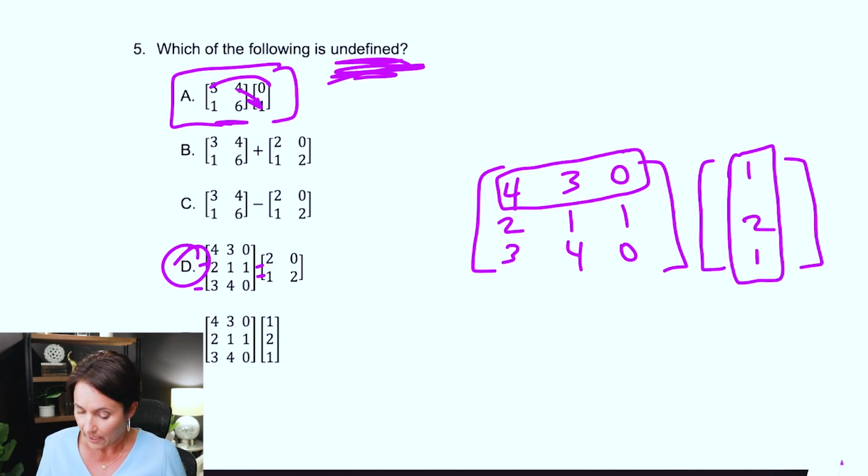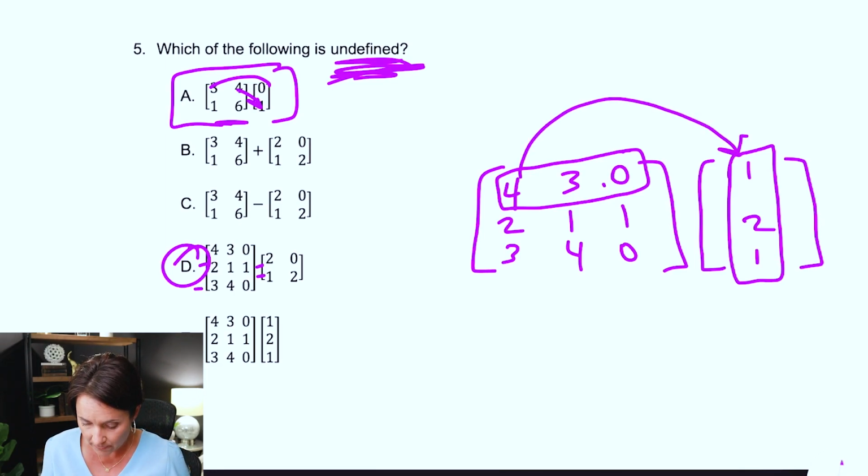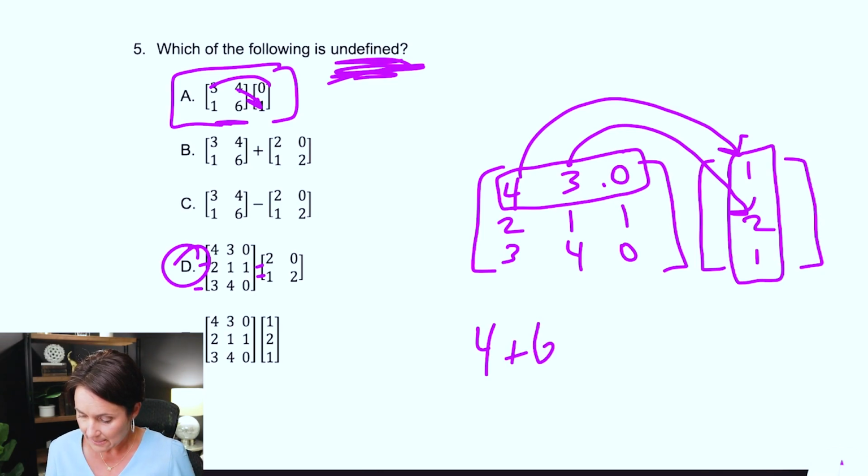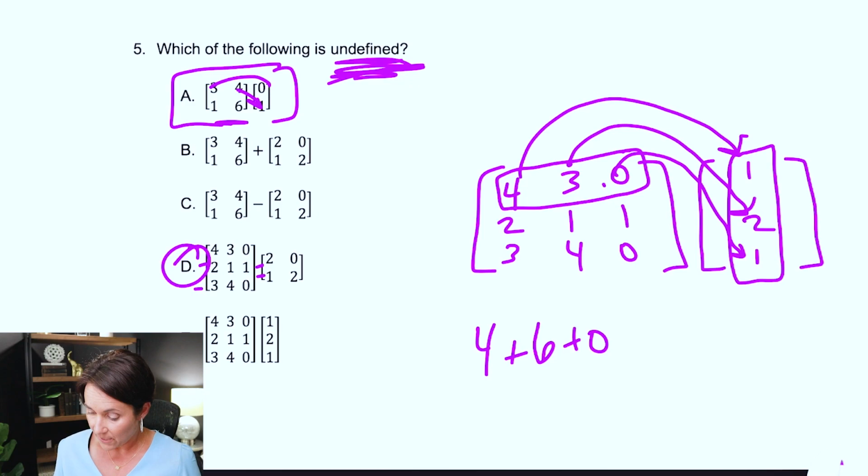this here. And when we do 4 times 1 is 4 plus 3 times 2 is 6 plus 0 times 1, which is 0. Now we're going to do the same thing with the other column.